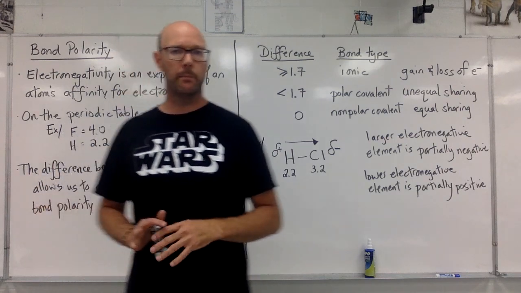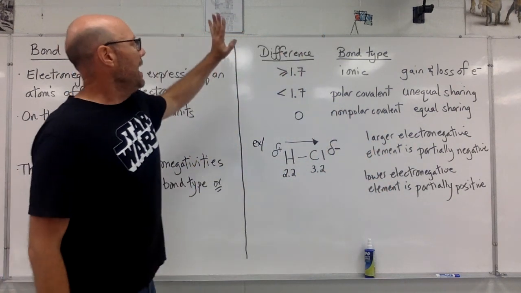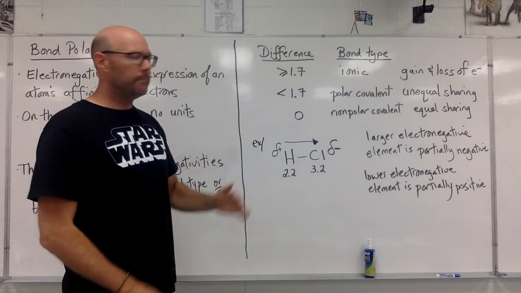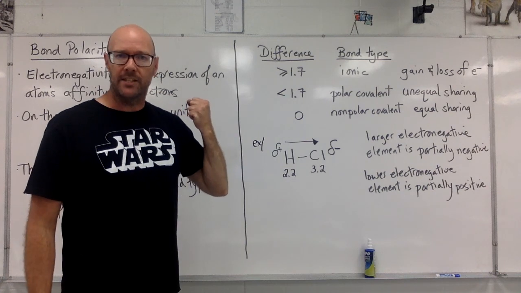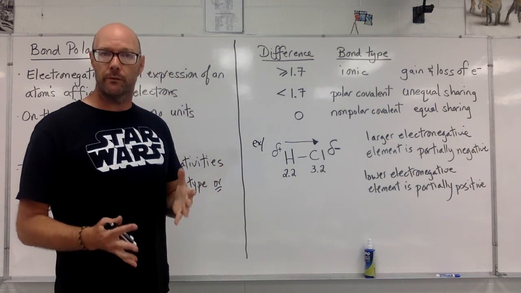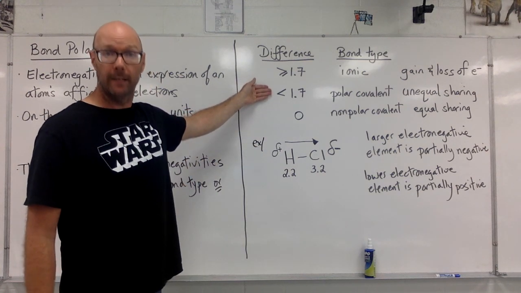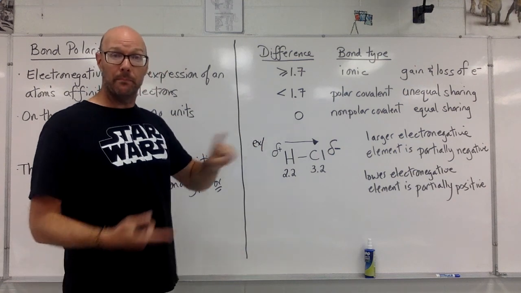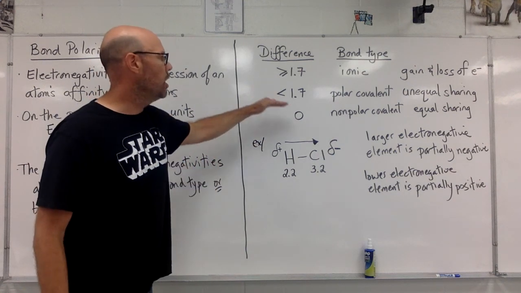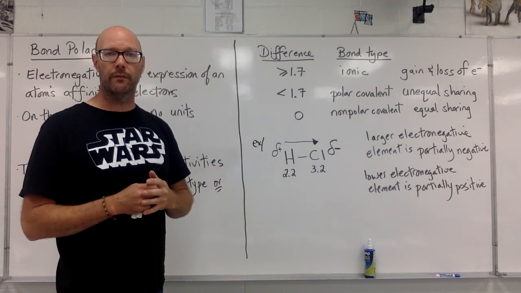This is kind of a random number, 1.7. If the difference is big, there's a really strong one and a really low one. The stronger one just takes it, and we have a transfer of electrons and an ionic bond. Most of the times that we're dealing with these kinds of things are polar covalent. If it's the same atom, two N's, two O's attached to each other, then we're going to see non-polar covalent bonds, equal sharing if there is no difference.